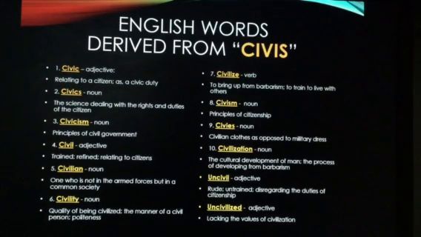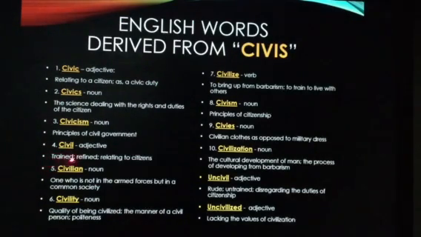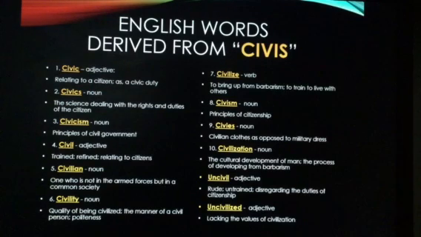And in this lesson also we will examine our civic responsibilities. The term civics, which is the focus of this course, the science dealing with the rights and duties of the citizen. And you can see other words with which you may be familiar, such as civil, meaning trained or refined, relating to citizens, such as civil rights, which will be the subject of part 2.